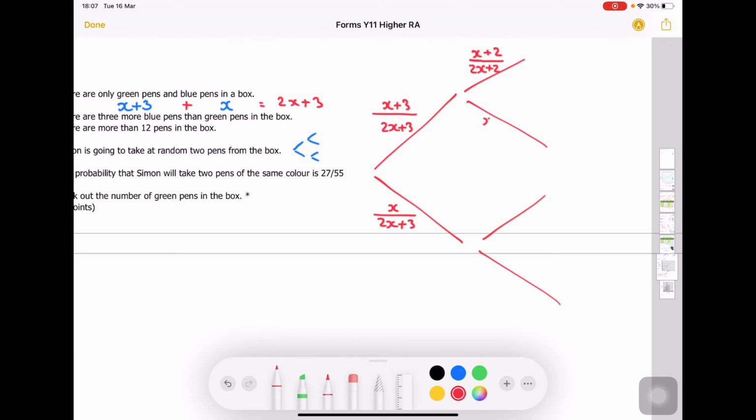For this one we'd have x over 2x plus 2, so here we have x take away 1 over 2x plus 2, and we have x plus 3 over 2x plus 2.